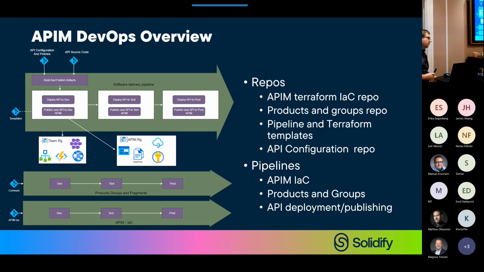Well, this is a simplified overview of what we ended up with. As Samuel mentioned before, we wanted to treat the product configuration, groups configuration, and API configurations as a software problem. By doing that, we can apply the software engineering practices that we currently use to develop our applications, like version control, pull requests with the four eyes principle, automated testing, linting, styling, and so on.